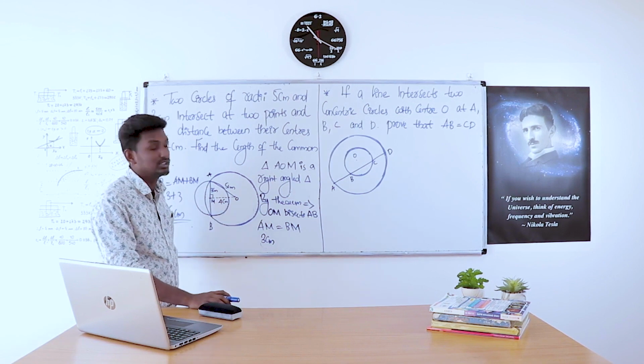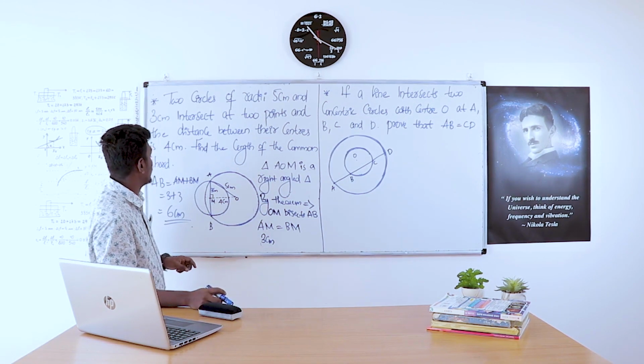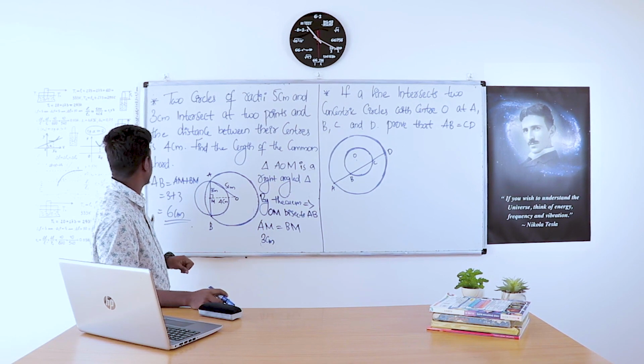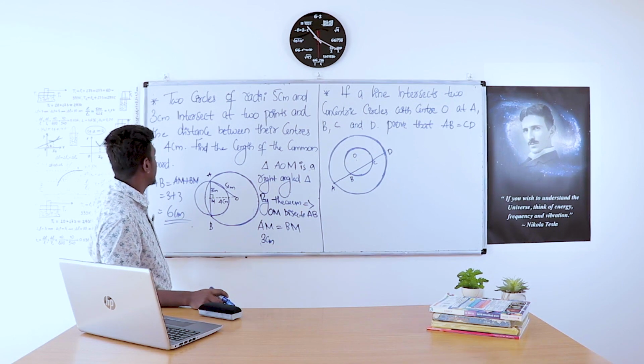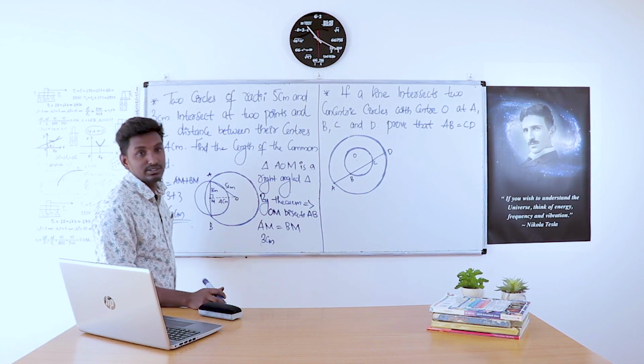Therefore, BM is also 3 centimeter. For finding the length of the common chord AB, which is AM plus BM, that is 3 plus 3, it is 6 centimeter. AB is equal to 6 centimeter. This is the length of the common chord. Okay, clear? Then moving to the next question.